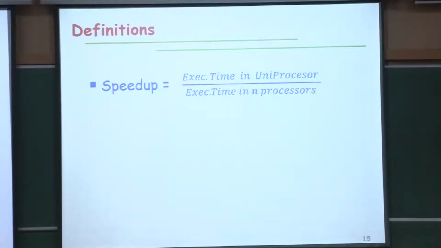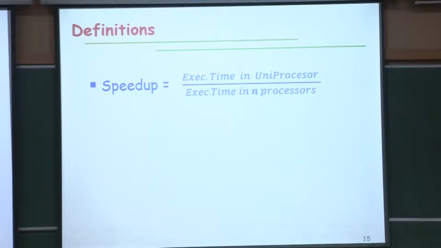One way of saying is the speed up that you get, and how do we define speed up? If I run the program on a single processor, how much time does it take, as opposed to if I run the program on, let us say, a machine with 8 processors or 16 processors, whatever it is. That is one thing that I can call speed up.